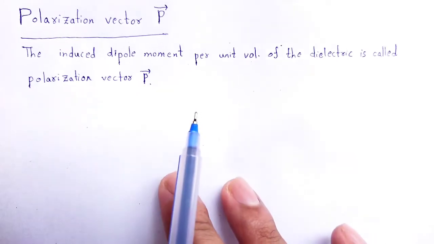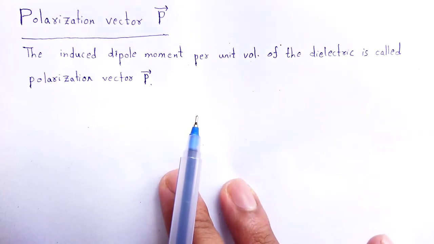That is, when a dielectric slab is placed in an electric field, the strength of the electric field decreases, and the phenomenon of appearance of charges on opposite faces of a dielectric slab induced by the external electric field is known as polarization.